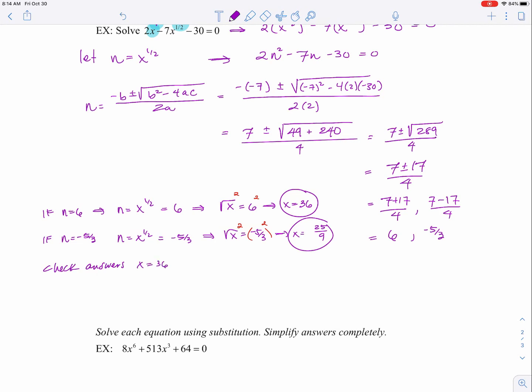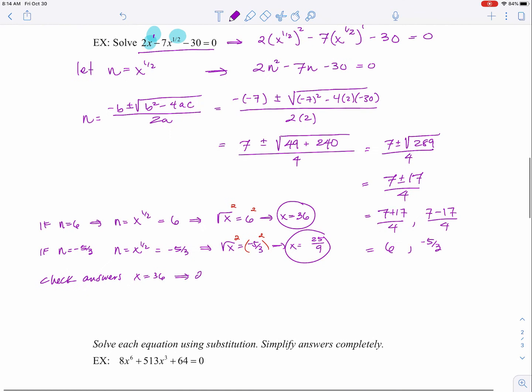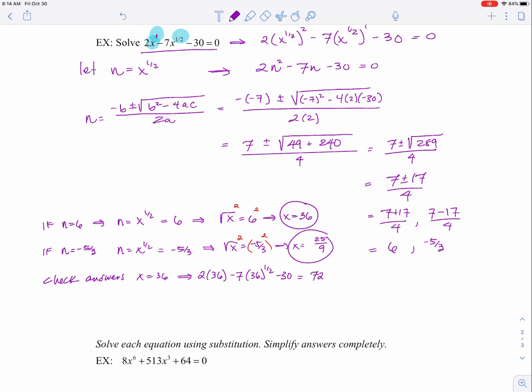For x equals 36, using the original equation up here, we have 2 times 36 minus 7 times 36 to the 1/2 power minus 30. 2 times 36 is 72, minus 7 times the square root of 36, which is 6, minus 30, is equal to 72 minus 42 minus 30 equals 0. It sure does.